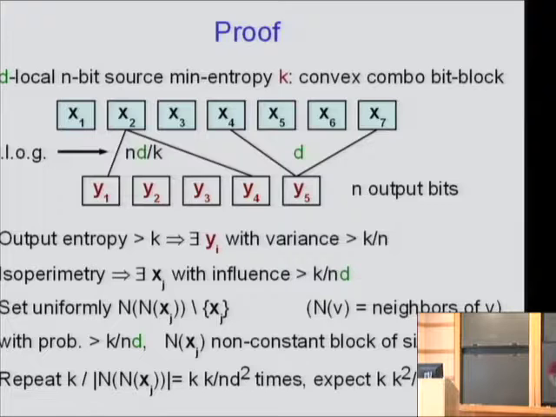This follows from the standard isoperimetric inequality. I have a bit, let's say xj, which has influence at least the variance of this bit divided by d, which is how many bits this y depends on. All right, so I have this bit here.